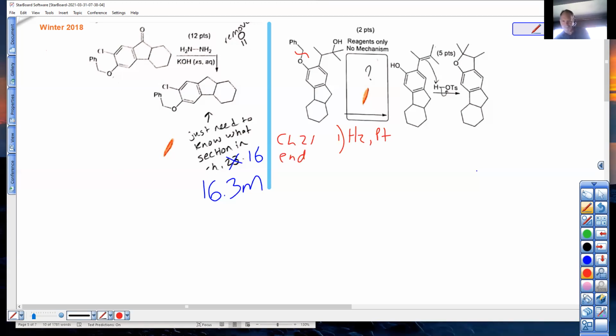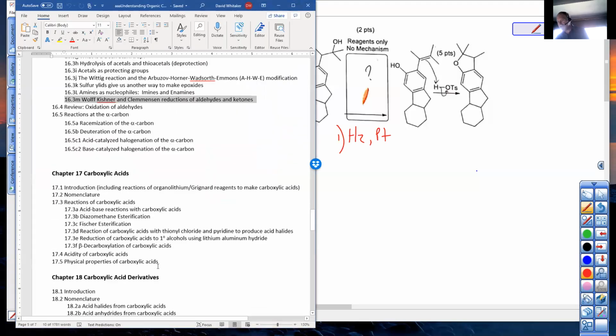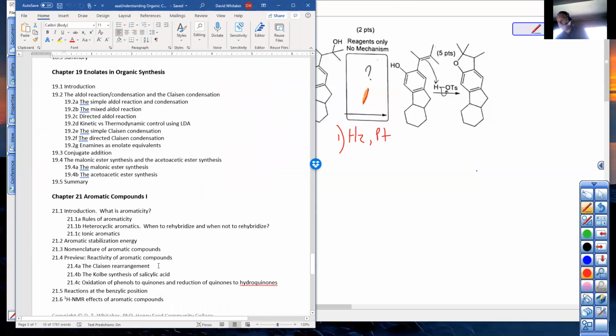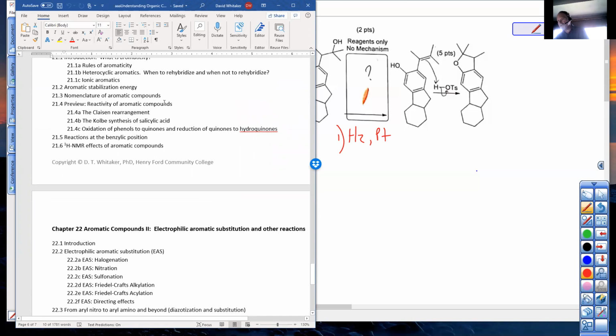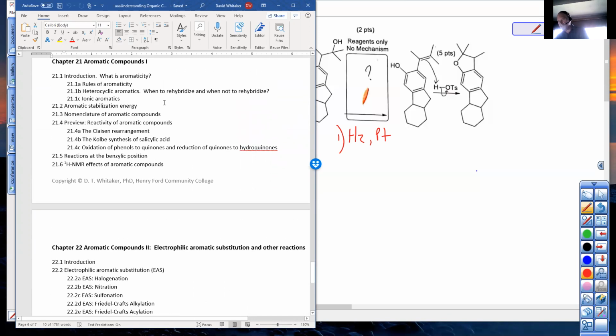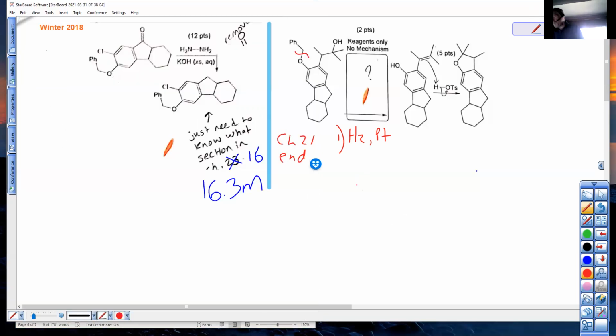You want a section number. Well, not quite the end, huh? Well, look at me. I don't see it there. Oh, it's in the reactions at the benzylic position. So it's in 21.5.